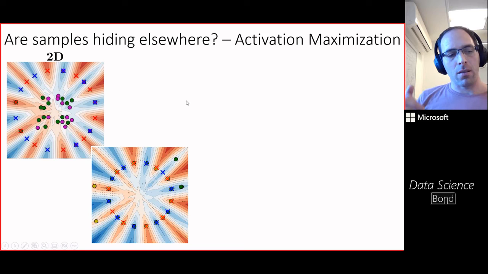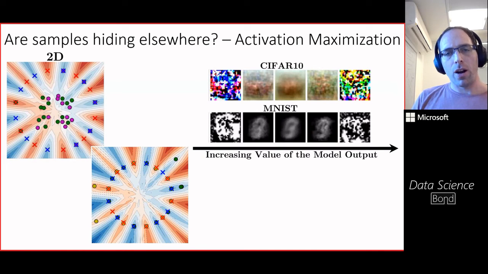Let's see what happens in a more realistic scenario with images. If I try to do the same with images, I have this binary classifier trained on CIFAR10 images or MNIST images, and I'm going to look for these local extrema for this model. Then this is what I'm going to get: either very strange local extrema, negative or positive, or the average class, which is similar to what we've seen with the model inversion with faces.